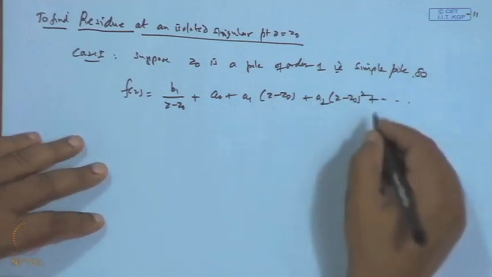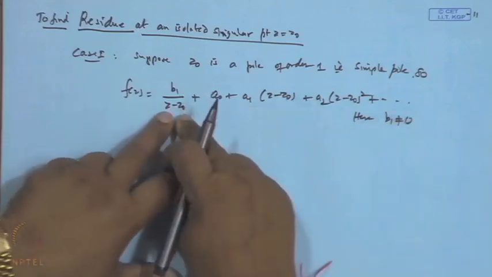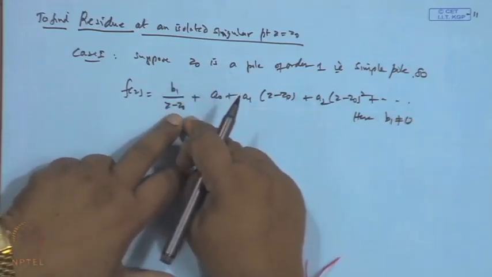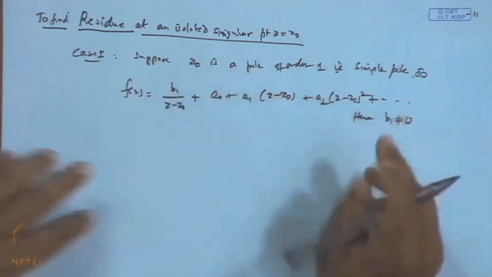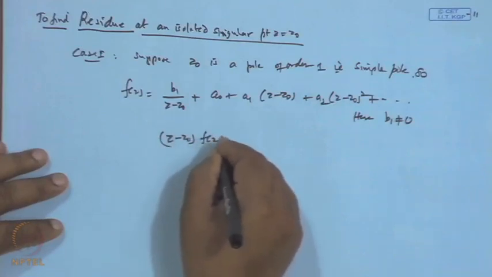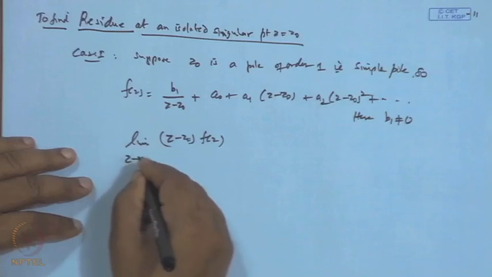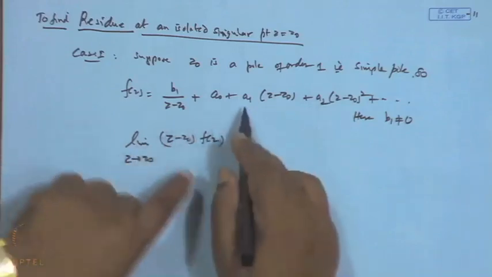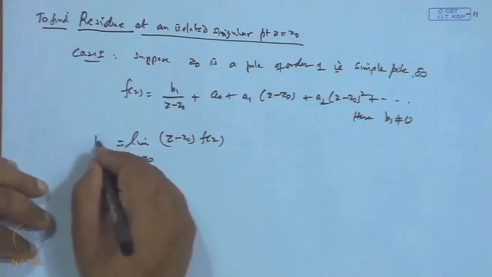Here b 1 cannot be 0, because if b 1 is 0, then z naught will not be a simple pole. Because it is simple, b 1 will be different from 0. Now you multiply the function f z by z minus z naught and take the limit as z approaches z naught. What do you get? The other terms cancel and tend to 0, and we get only b 1.